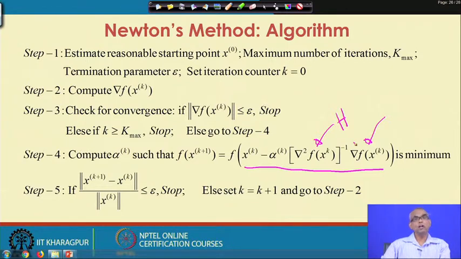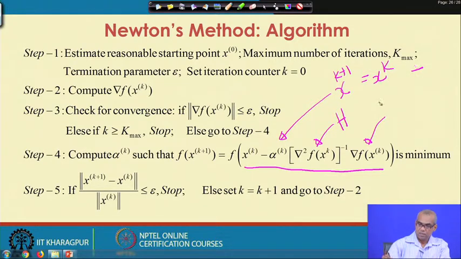If you do not have a step length, that means if you are using the classical Newton's method, in this case you will find x k plus 1 as x k minus Hessian inverse gradient at x k.